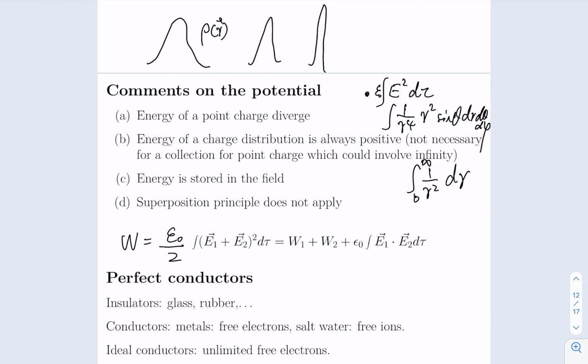And if we don't care about the details of the point charge, and so oftentimes in reality we never see a point charge, and it's always a tiny distribution of charge.